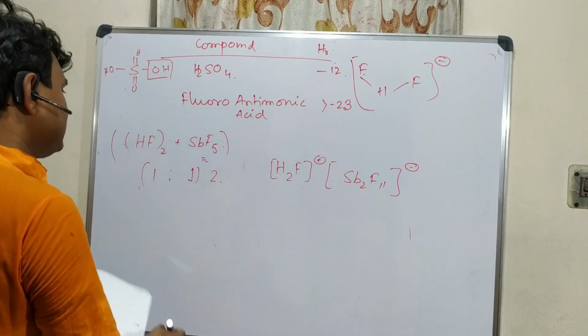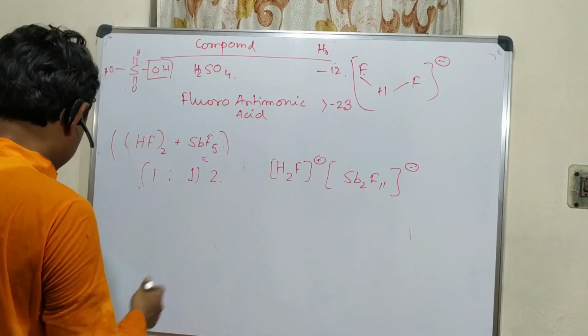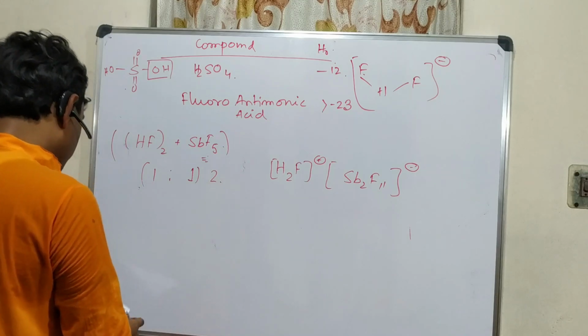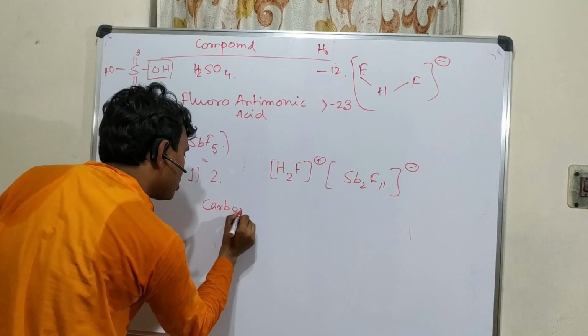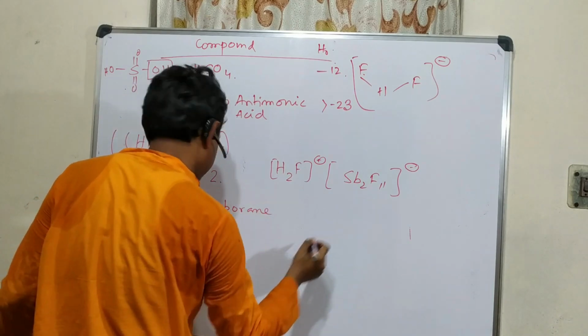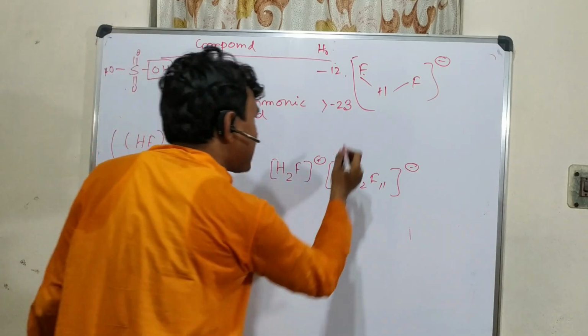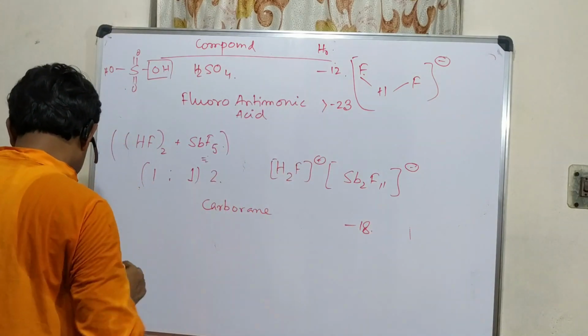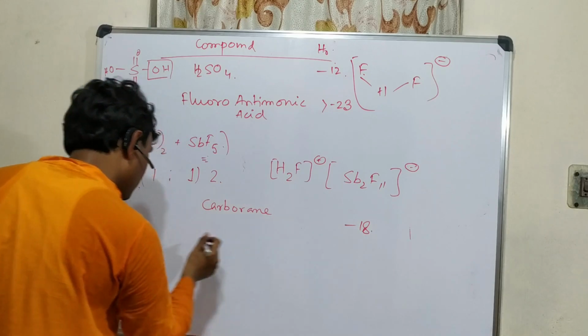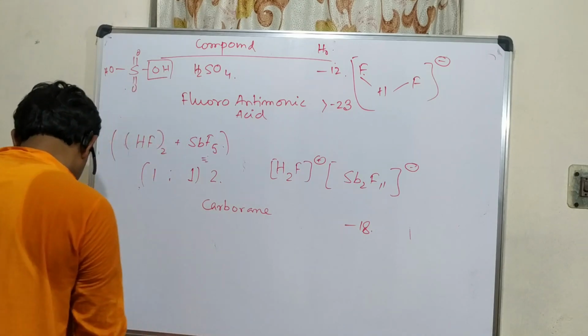So another type of acidic material is carborane based superacid, which has a Hammett acidity function around -8. It's very strong, and its structure is a little complicated.